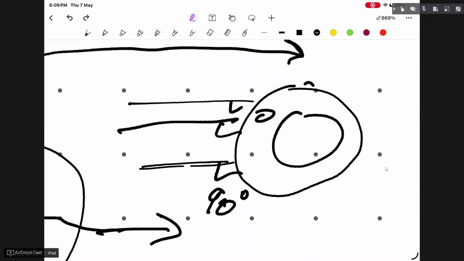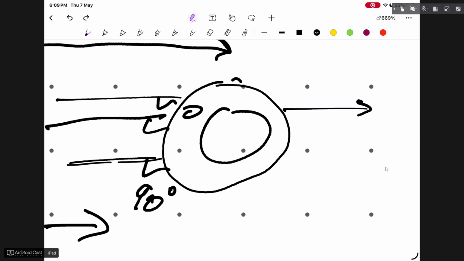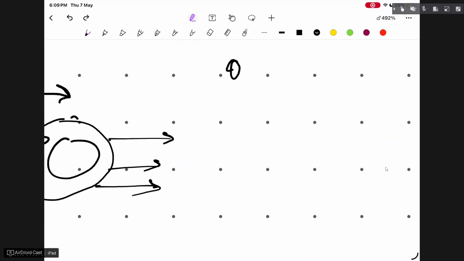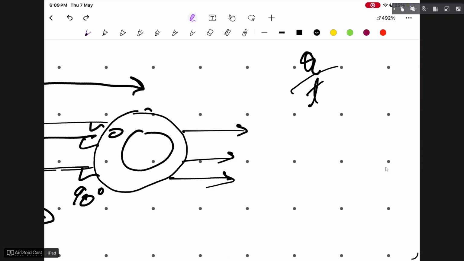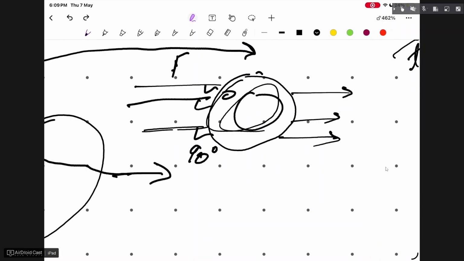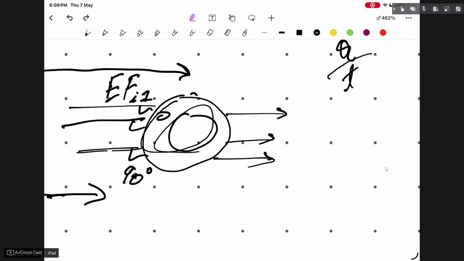And since there is no current, and current is just how much charge is passing per second, the strength of the charge, since there is no charge present in the middle, that means there is no distortion in the surroundings. That means there will be no electric field present at all. Here an electric field will be present, so electric field 1 will be equal to electric field 2.